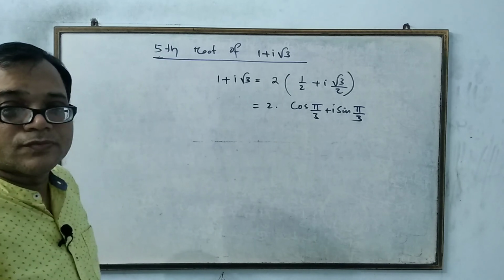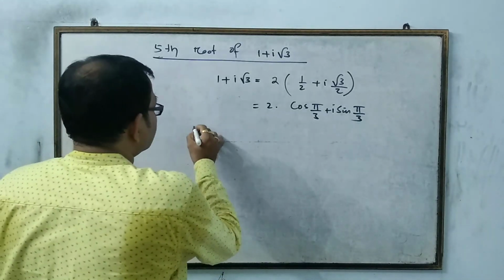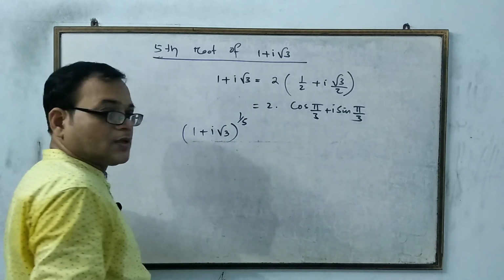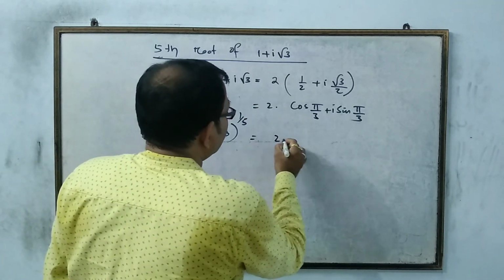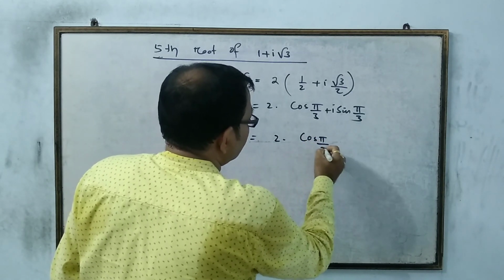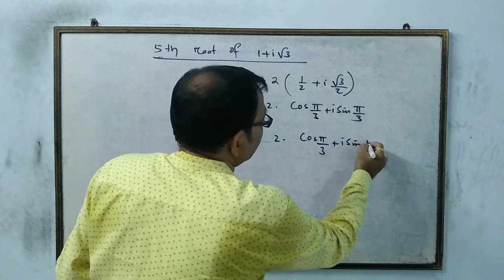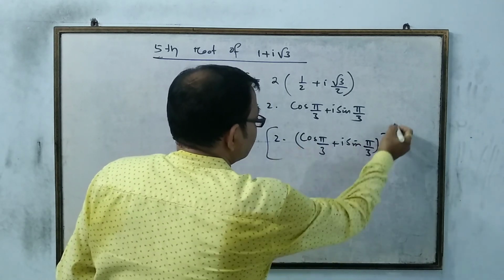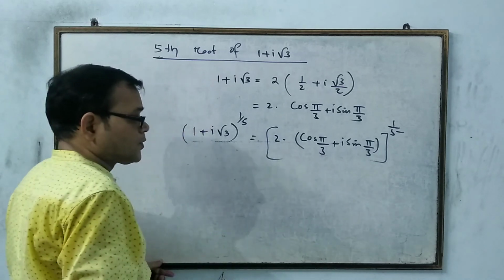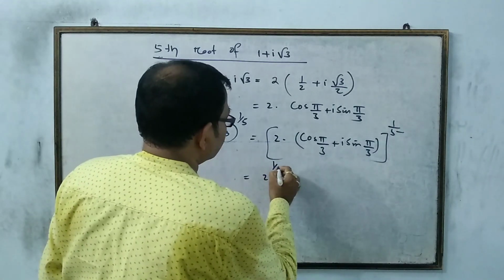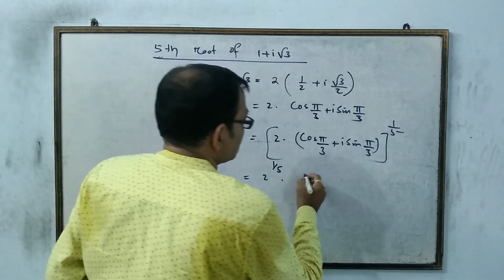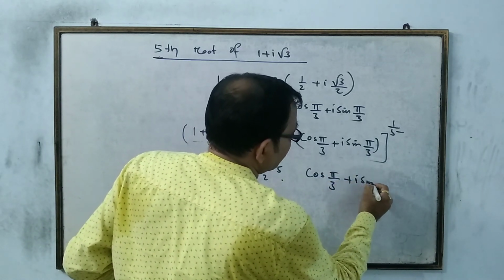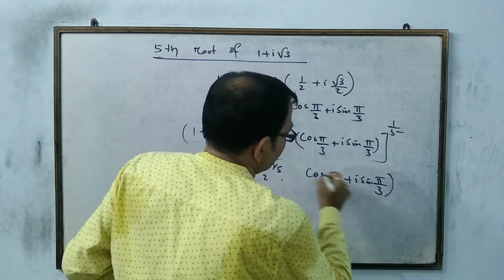You got it? Our question is to find the fifth root of 1 plus I root 3, that is to the power 1 by 5. We will get 2 into cos pi by 3 plus I sin pi by 3 whole to the power of 1 by 5. It is 2 to the power 1 by 5 into cos pi by 3 plus I sin pi by 3 to the power of 1 by 5.